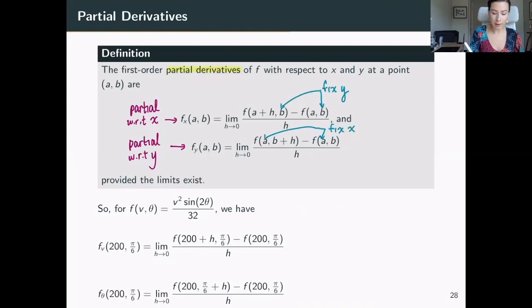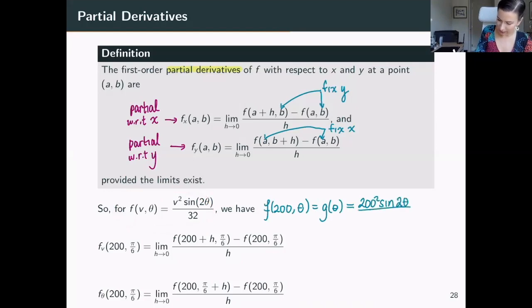Remember that we have our f of v, theta is equal to this function, and we said that when I fixed my 200, theta, I named this function g of theta, and this was equal to 200 squared sine of 2 theta divided by 32.